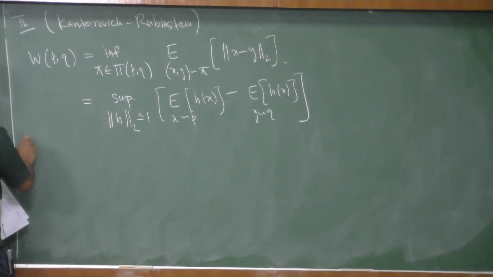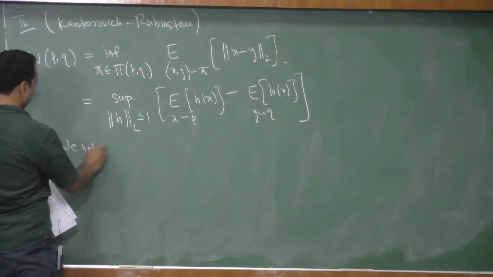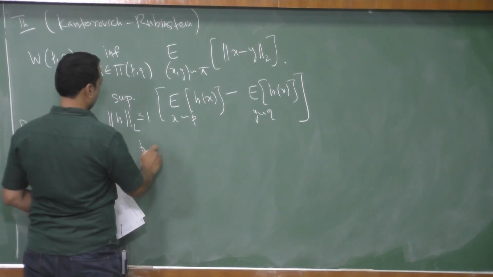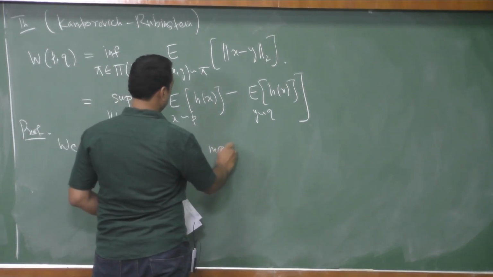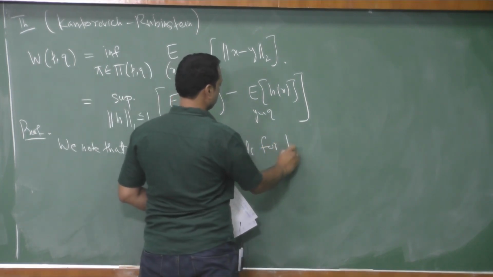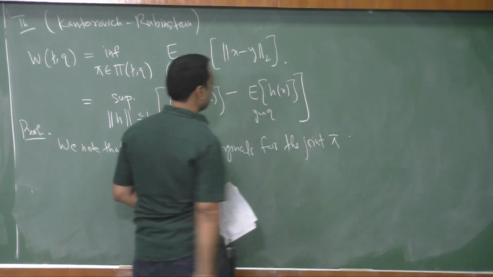So proof. We note that P and Q are marginals of the joint pi.